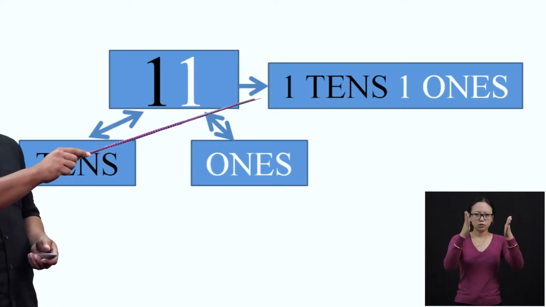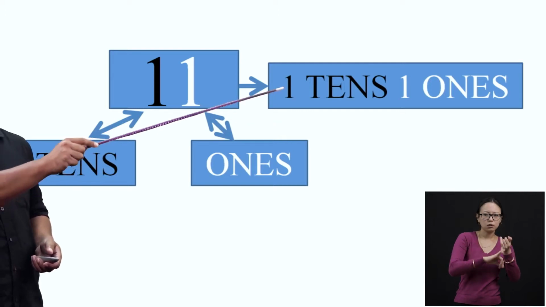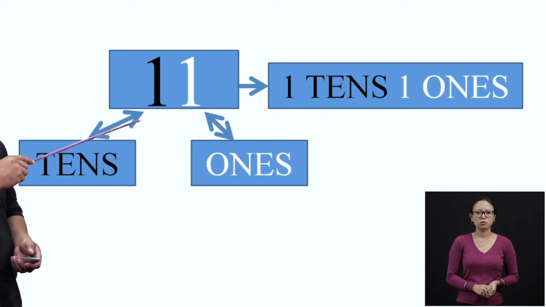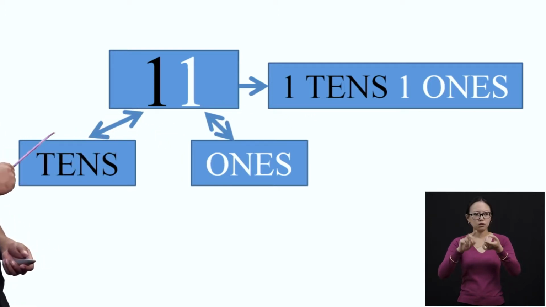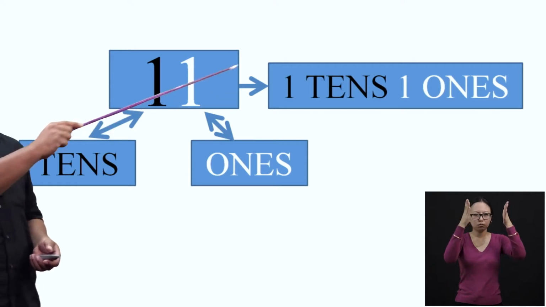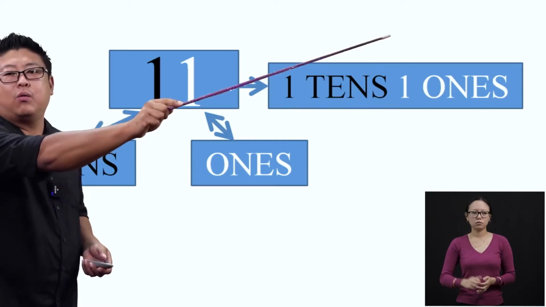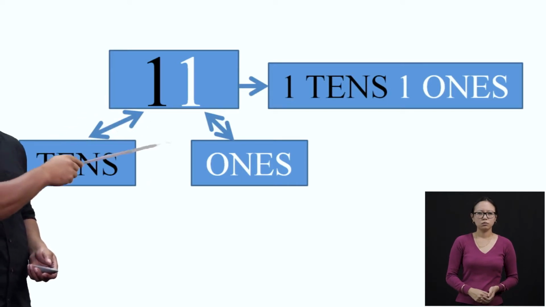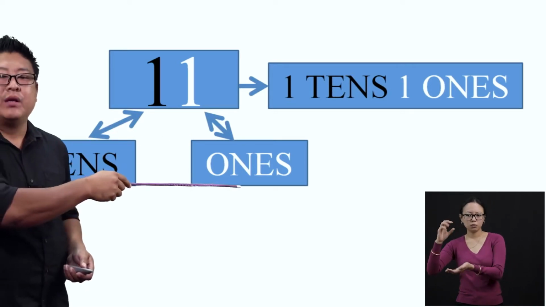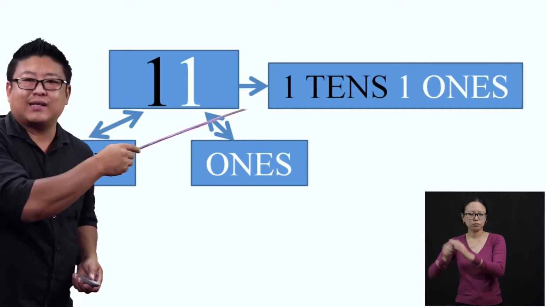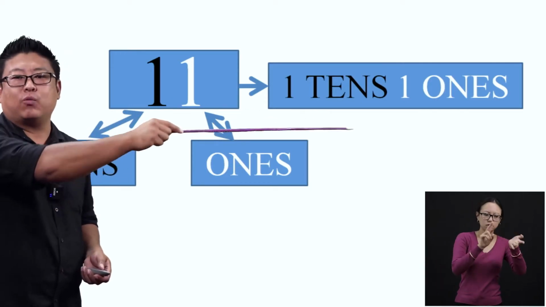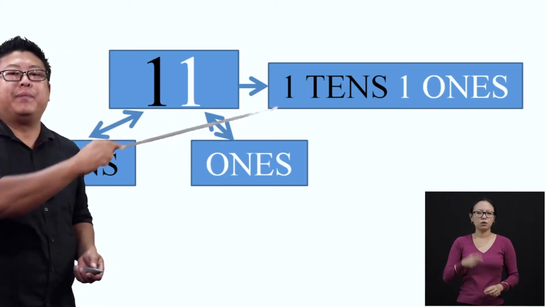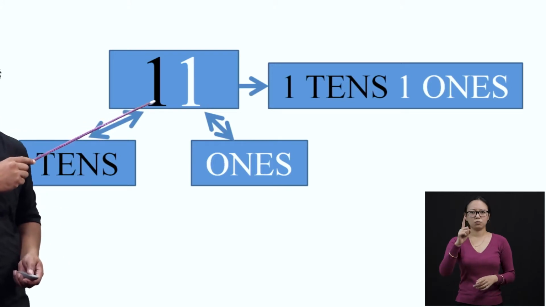So we write it like this: 1 ten. That means one number is at tens place, and we write 1 ones. So it means one number is at ones place. All right. So when you join this 1 ten and 1 ones, it becomes 11. All right.